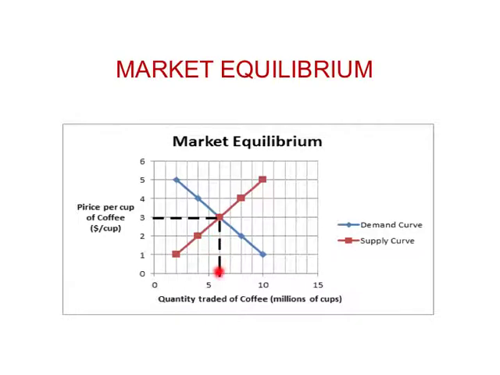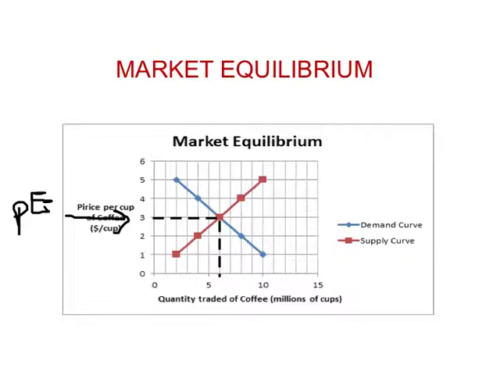Here quantity demanded is 6 million cups, quantity supplied is also 6 million cups. And what is the price at which this is happening? It is $3 per cup. Or what we have here is a price at equilibrium. So let's just write PE, and this is at $3.